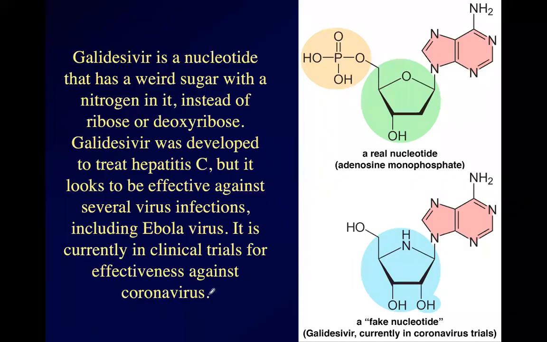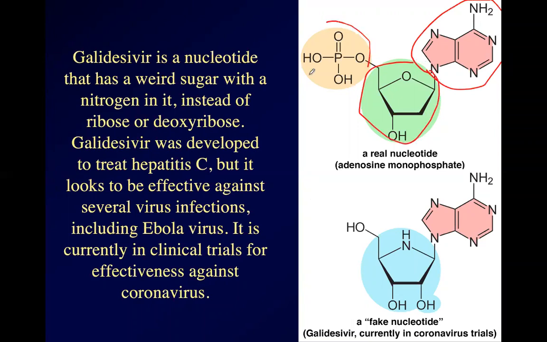it. This is one that is in clinical trials for effectiveness against coronavirus. It hasn't been approved yet, but they're looking at it. This is a weird nucleotide, a real nucleotide here. The base is adenine, and there's deoxyribose, and there's phosphate.